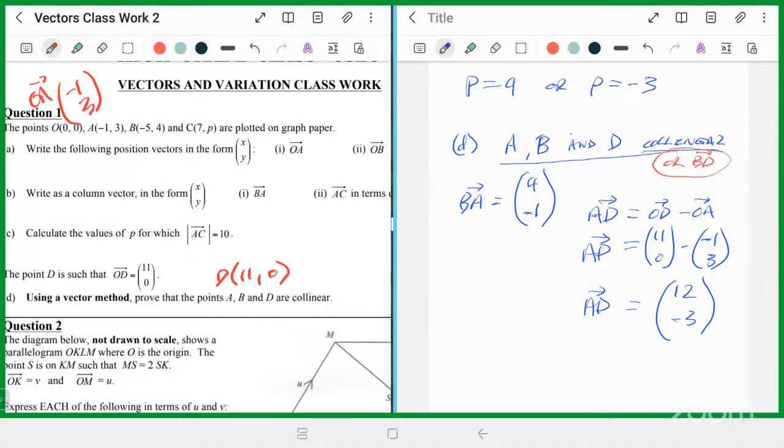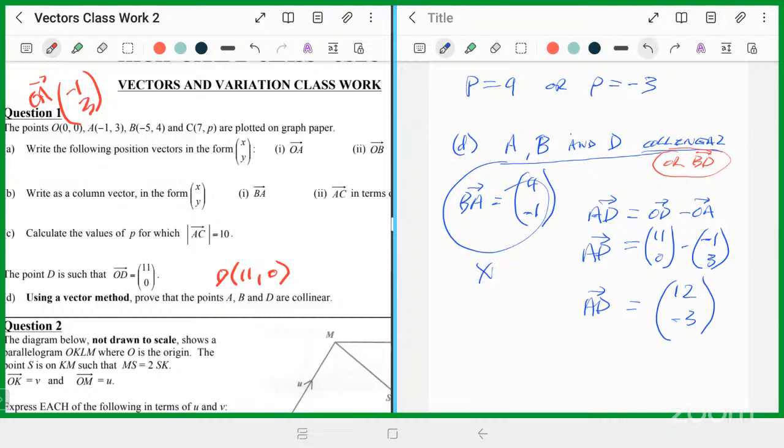So I now need to write an expression that these two vectors are parallel. I need to express one as a multiple of the next. It is obvious that this is the larger one, and if you look at these values, this one is actually 3 times this one. In other words, I have to multiply this one by 3 for it to be equal to that.